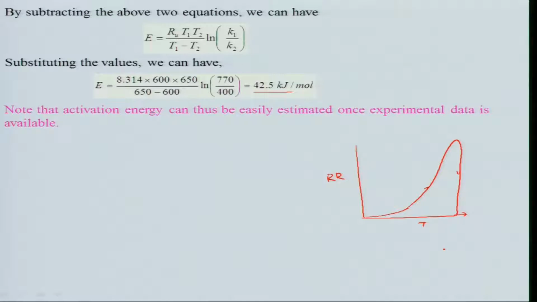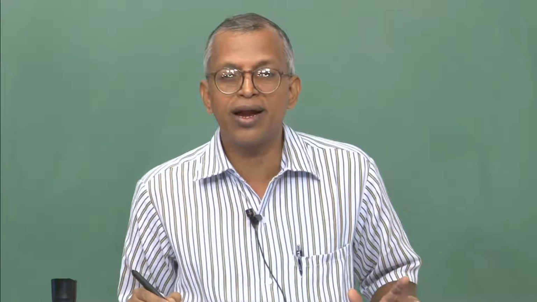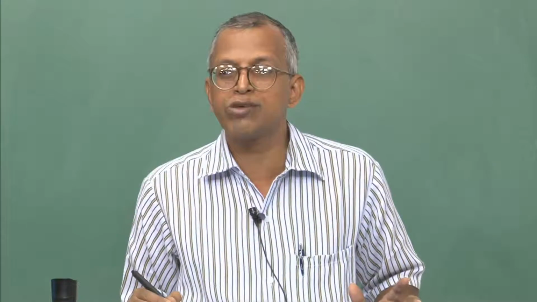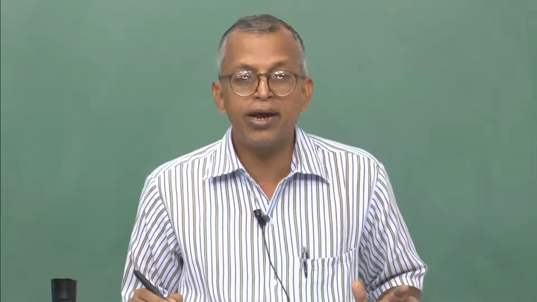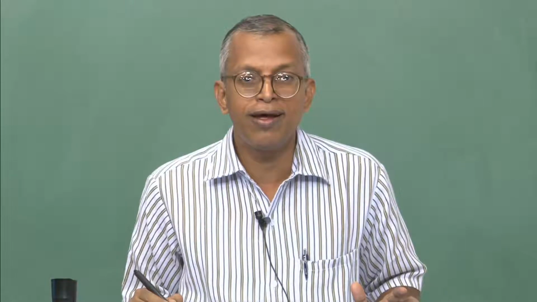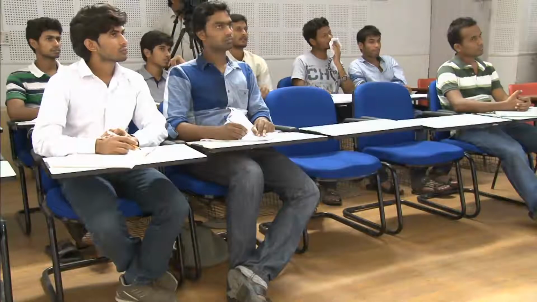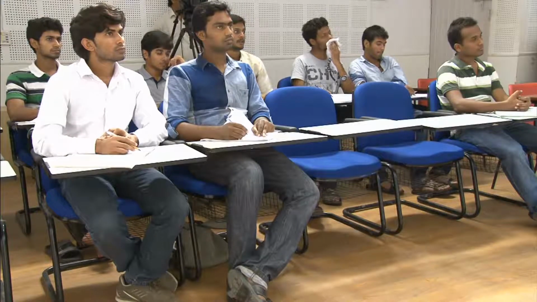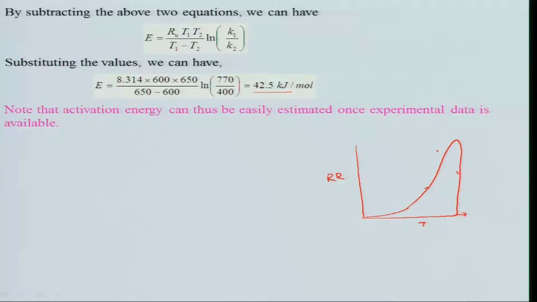Last time I discussed this, but not in detail, but I thought you would think about it and ask me why it is so. Can anybody tell me? Dissociation of molecules. Dissociation or some reaction will always be occurring, but why is it going up? Because it is exponential. We have seen that k is equal to A e to the power minus E by RT.